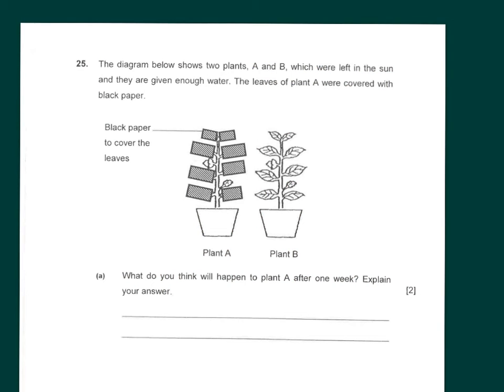Question 25. The diagram below shows two plants A and B. Okay, and they were left in the sun and were given enough water. So the information that's important here is that they were in the sun and they were given enough water. Alright, so the leaves of plant A were covered with black paper. So you have black paper here, for A. So the question is, what do you think will happen to plant A after 1 week? And explain your answer.